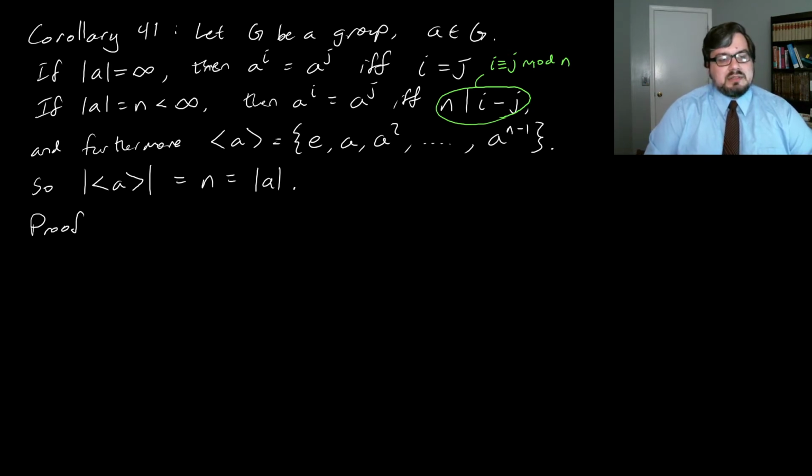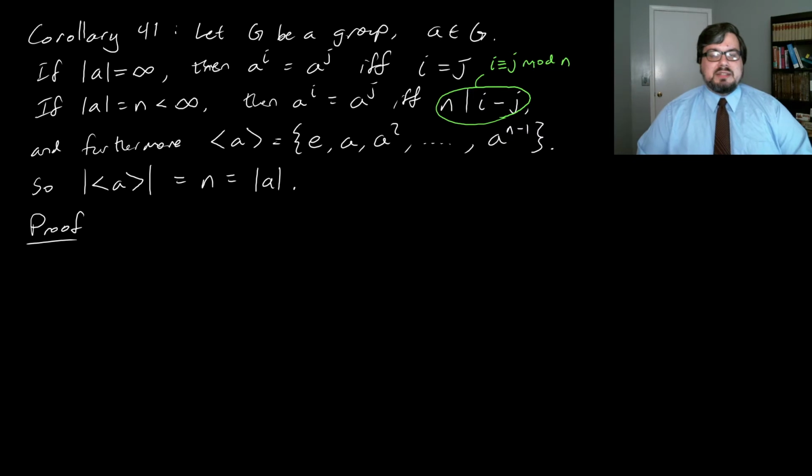All right, so let's see this proof that tells us about when elements in a cyclic group are the same based on their descriptions as powers of the generator.